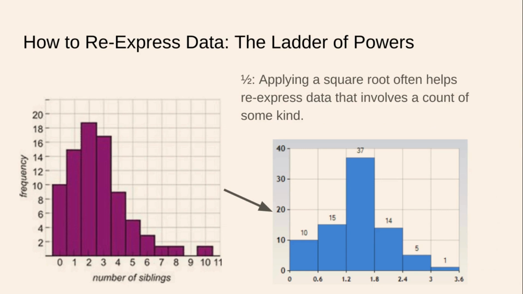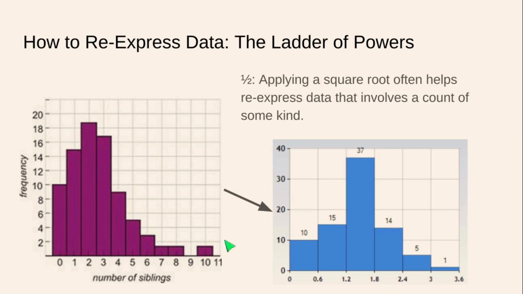Our next option is to apply a square root. Applying a square root is often helpful to re-express data that involve some kind of count, all right? So the frequencies here involve counts, all right? It's the number of siblings, okay? And what often happens with counts is things tend to be a bit right skew.